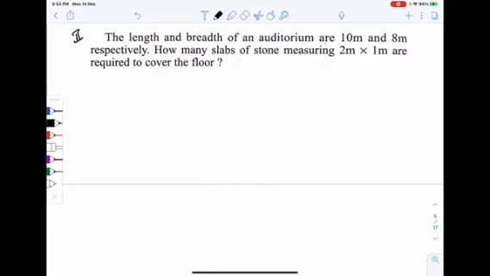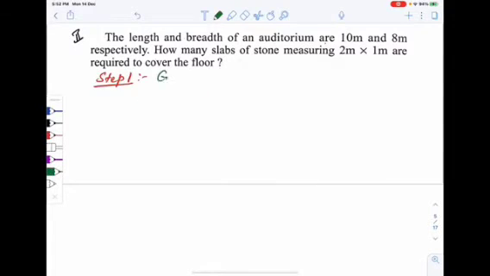The length and breadth of an auditorium are 10 meters and 8 meters respectively. How many slabs of stone measuring 2 meters into 1 meter are required to cover the floor? Now, as we did earlier, we will write the given statements first. So that will be step 1.